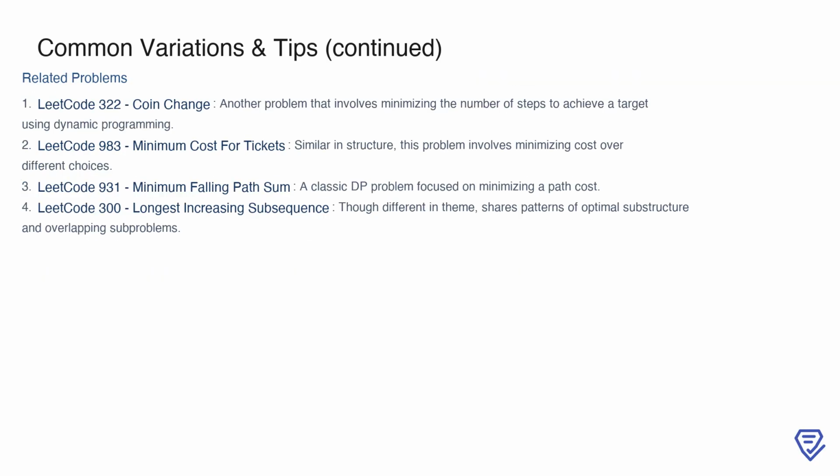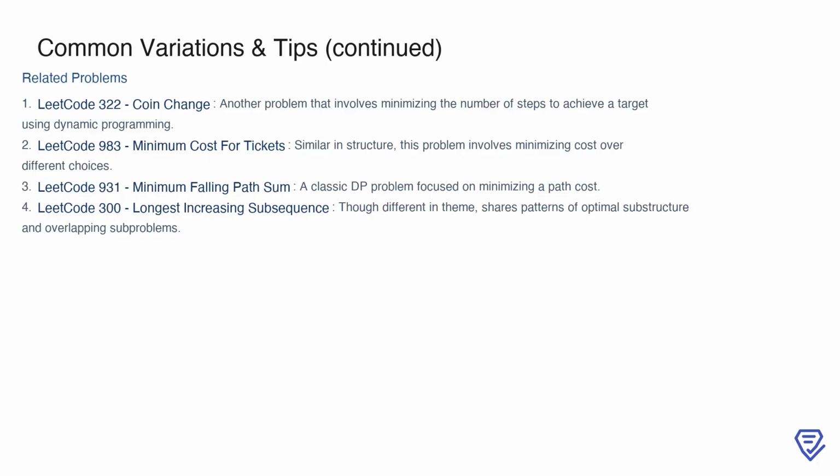This problem also shares similarities with several other dynamic programming challenges. For instance, LeetCode 322, the coin change problem, also involves minimizing the number of steps to achieve a target using dynamic programming. Similarly, LeetCode 983, minimum cost for tickets, requires minimizing cost across different choices, which is conceptually related.